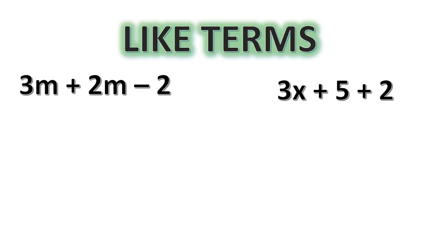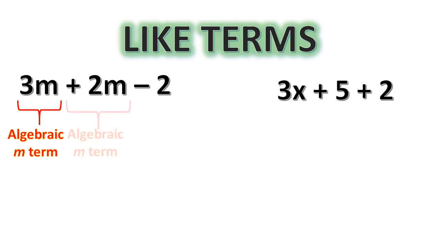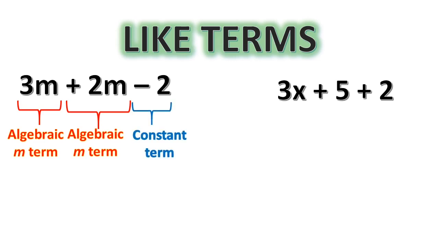Now, the trick to simplifying expressions is doing what's called combining like terms. So let's talk about what like terms are. Like terms are exactly what they sound like. They're alike. So for example, in this first example, I have an algebraic m term, 3m, and I have an algebraic m term here in plus 2m, and I also have a constant term.